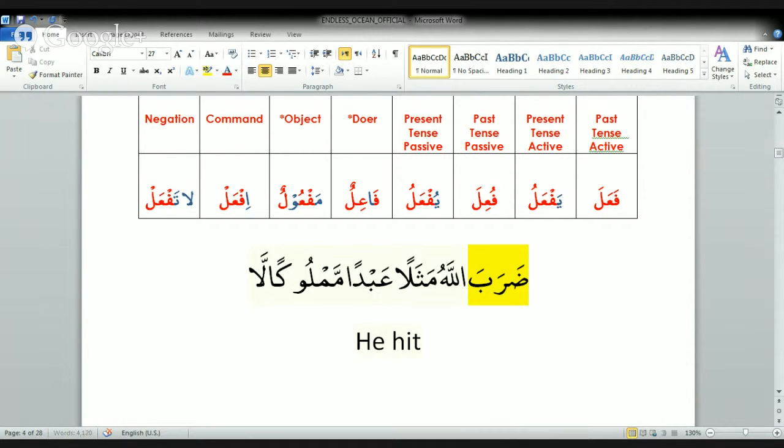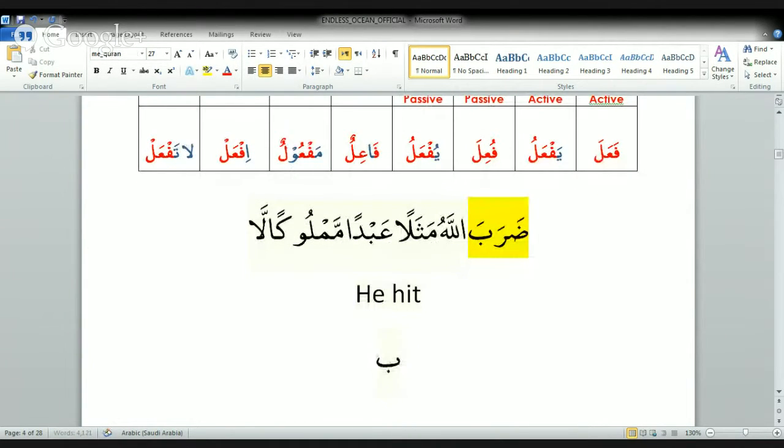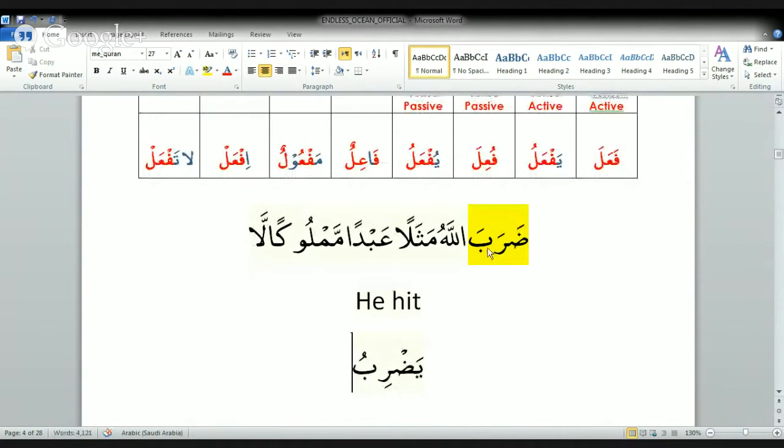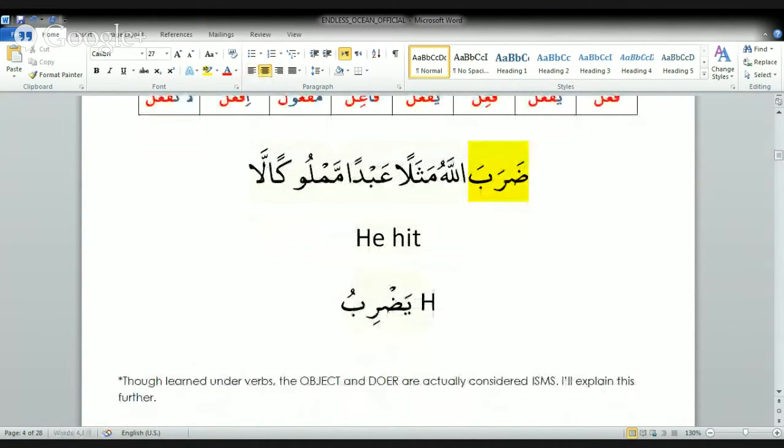We'll eventually learn that it can also morph into yadribu. Yadribu means he is hitting.